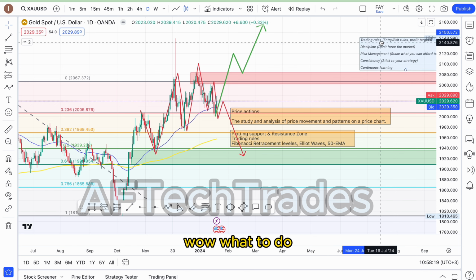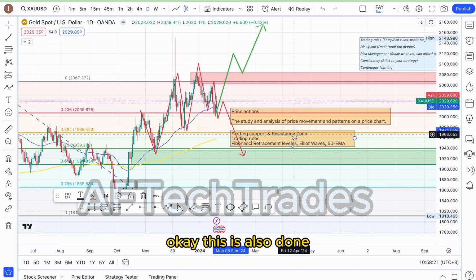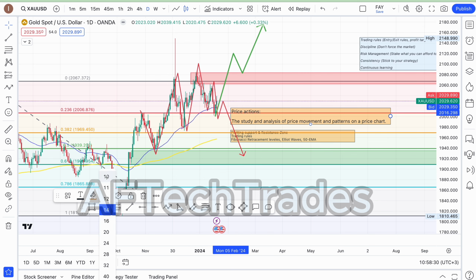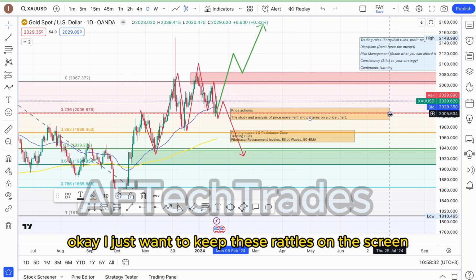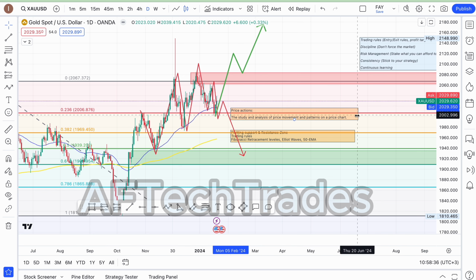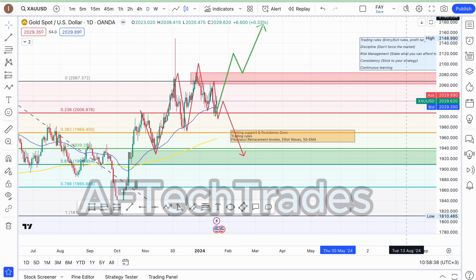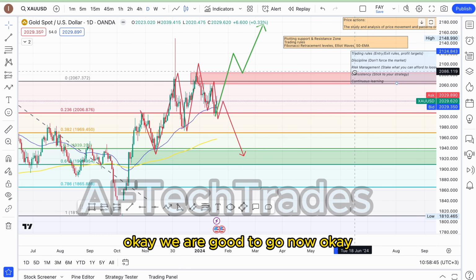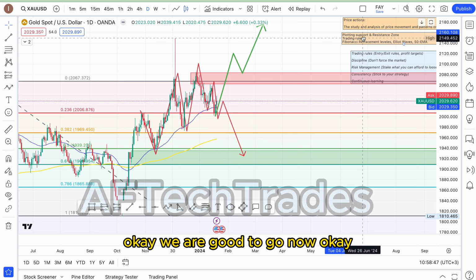This is also 10. This is also a 10. Okay, just want to keep these values on the screen. Okay, we are good to go now.